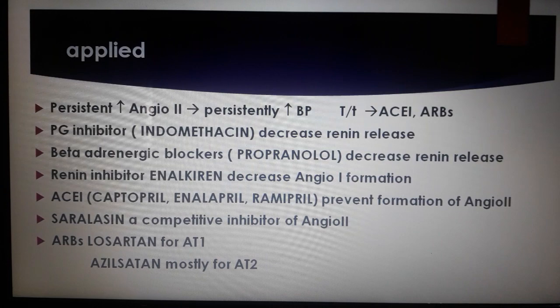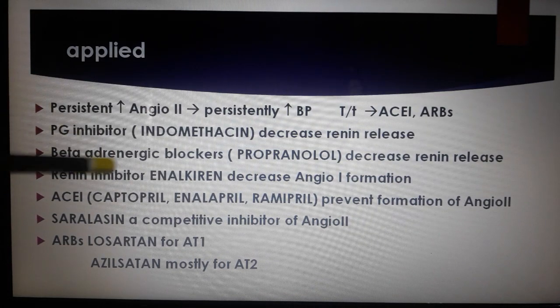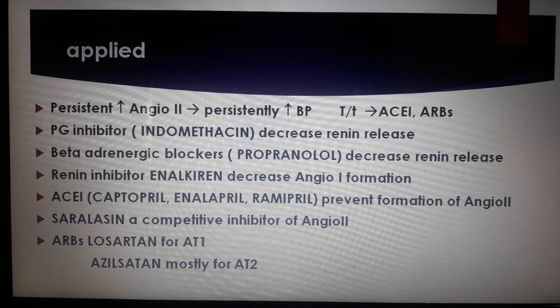Renin inhibitor, that is aliskiren, decreases angiotensin 1 formation. Angiotensin converting enzyme inhibitors, that is captopril, enalapril, ramipril, prevent formation of the angiotensin 2. Saralasin is the competitive inhibitor of the angiotensin 2 and it also causes decreased blood pressure.